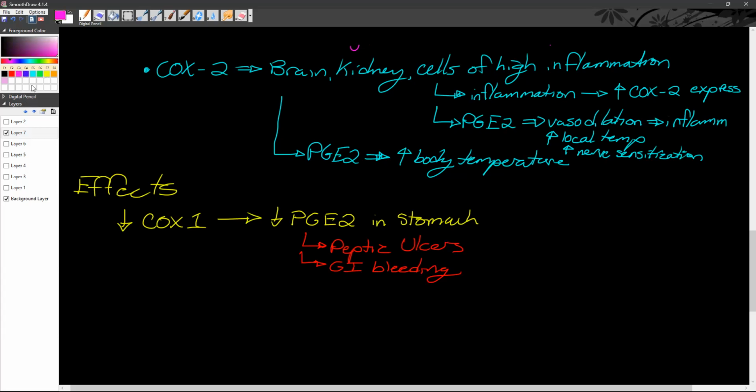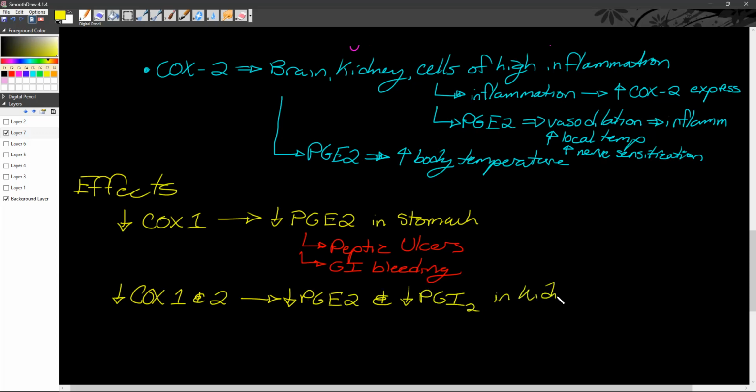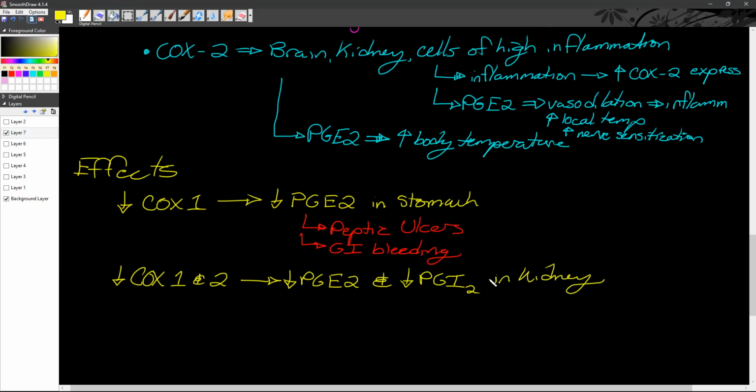In terms of COX-1 and 2 in the kidney, by decreasing PGE2 and by decreasing PGI2 in the kidney, we get two major effects.